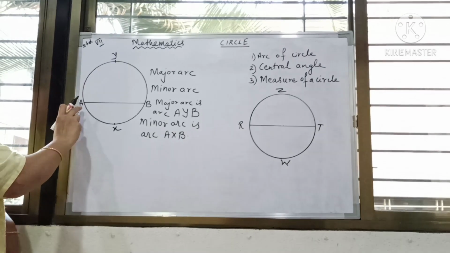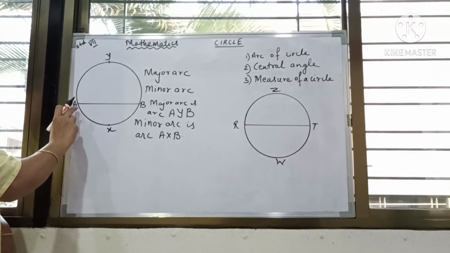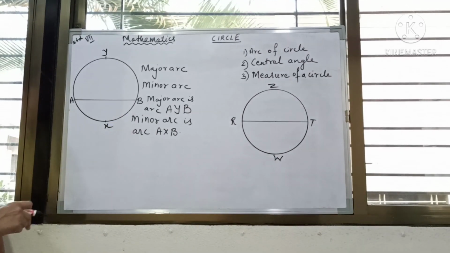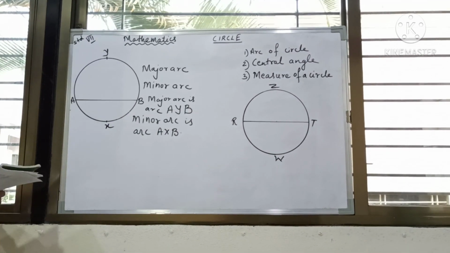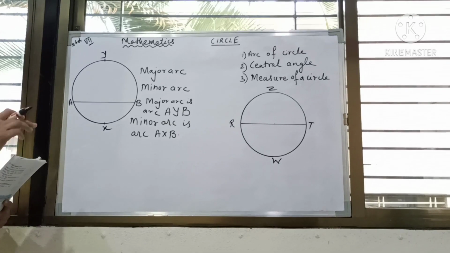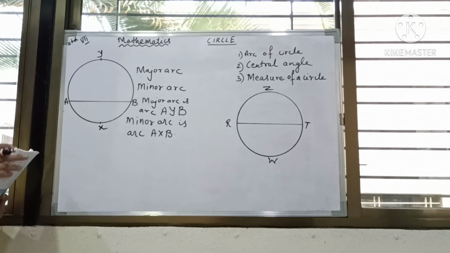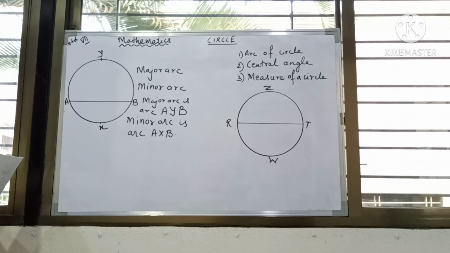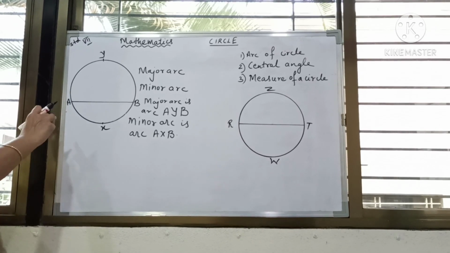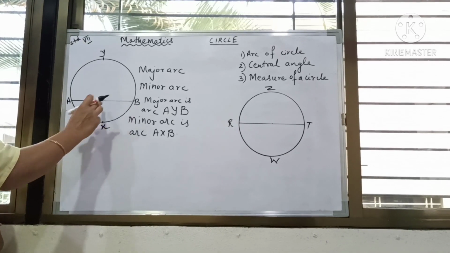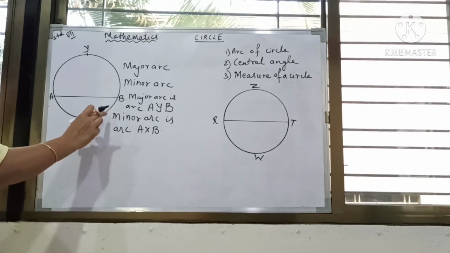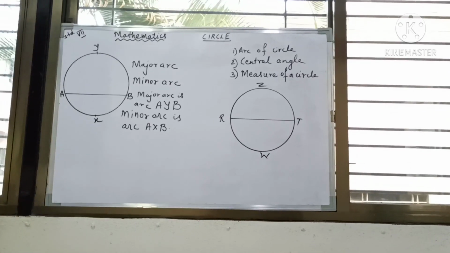Now if the endpoints A and B of the circle are common endpoints and one complete circle is formed, then the arcs are called corresponding arcs. So here arc AYB and AXB are the corresponding arcs.